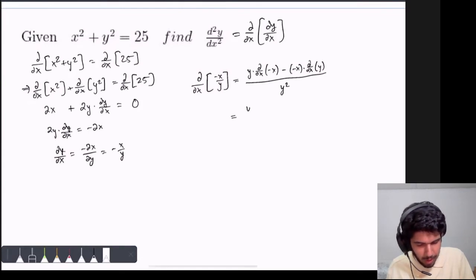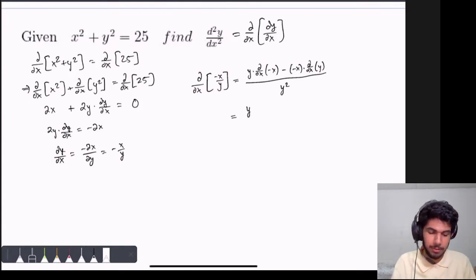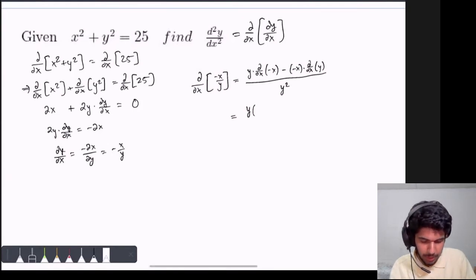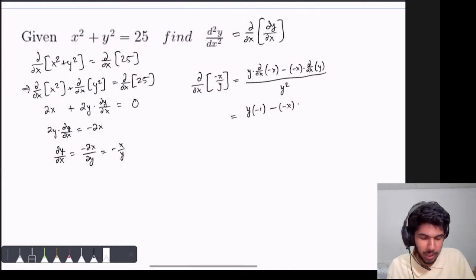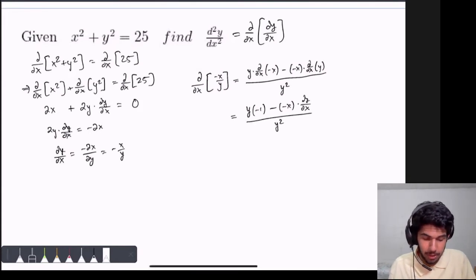So y times the derivative of negative x with respect to x, variables match. We do it like normal, that's just negative 1, minus negative x times d/dx of y, variables don't match. So we should know that that is just equal to dy/dx, right? That's sort of our definition. And we divide that by y squared.